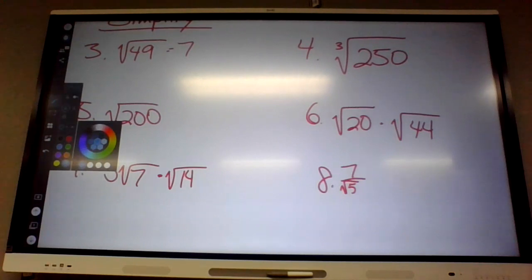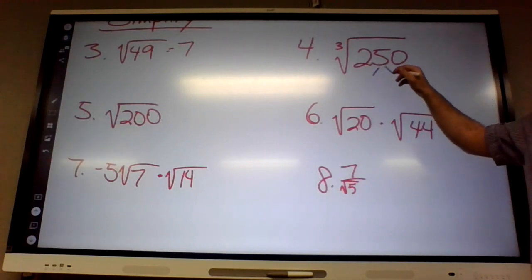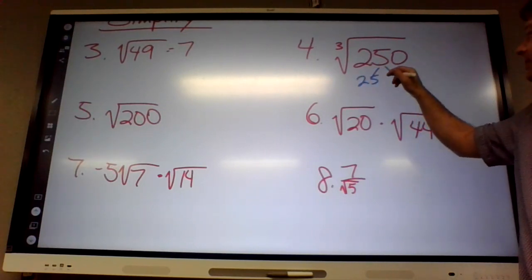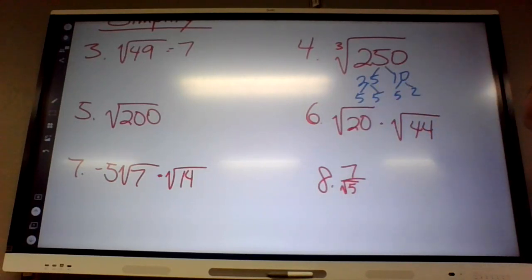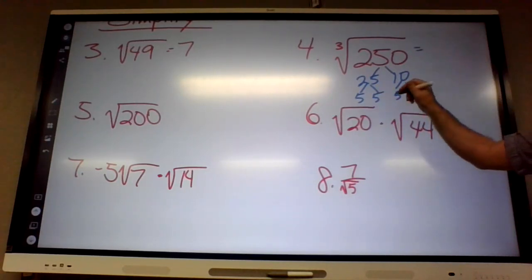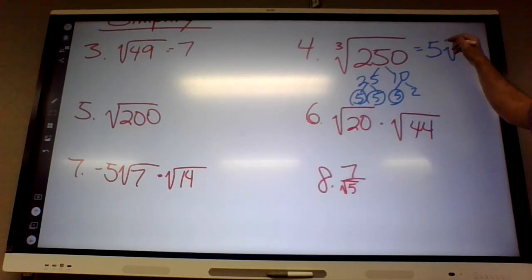What's our first step? You do 10 times 25. Okay, do the tree. 25 and 10. 25 is 5 and 5. So now what? 5 is outside the box, and 2 is inside the box. Good job.